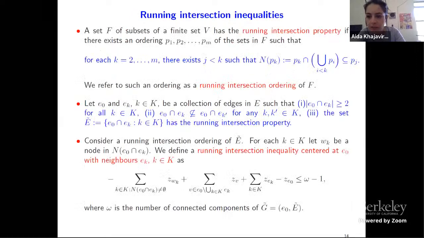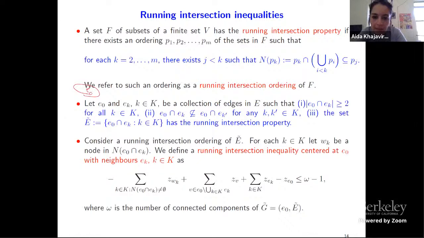Based on my very limited understanding, this was first discovered in the databases community, where they were using it to define acyclic databases. So why am I using this? I want to introduce to you a new class of inequalities. Suppose I have an edge, E0, that I call the center edge. Then I have a collection of edges that intersect E0 in at least two nodes.